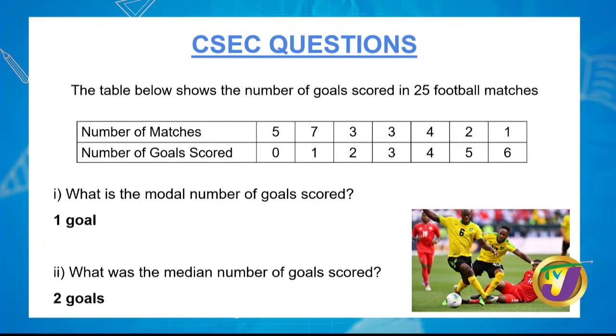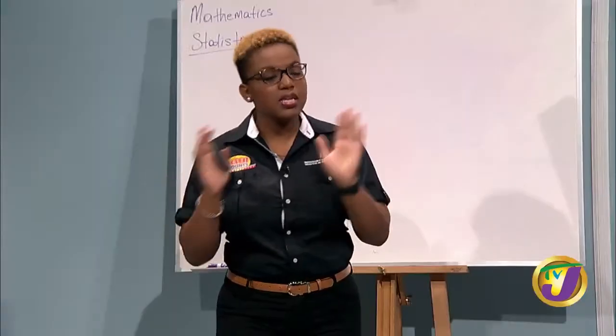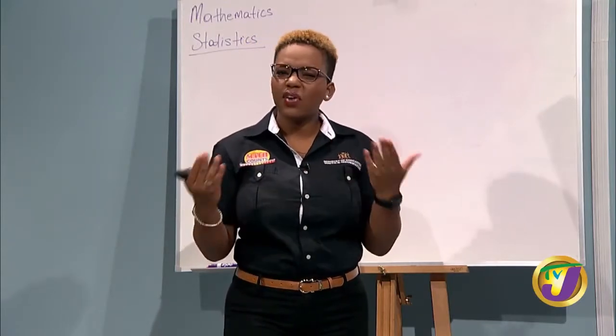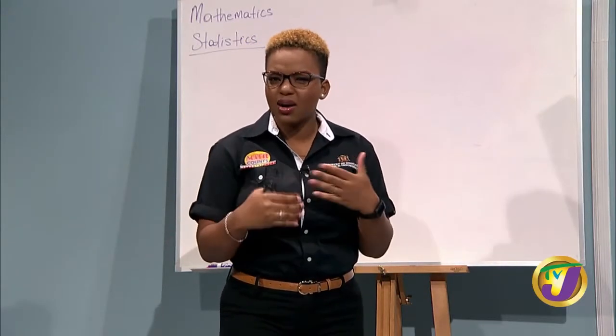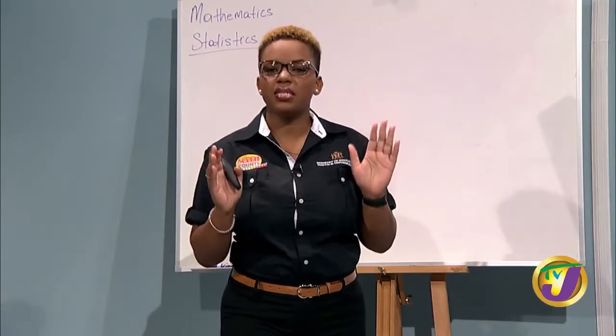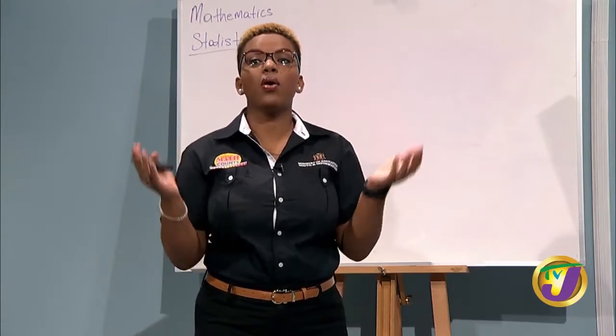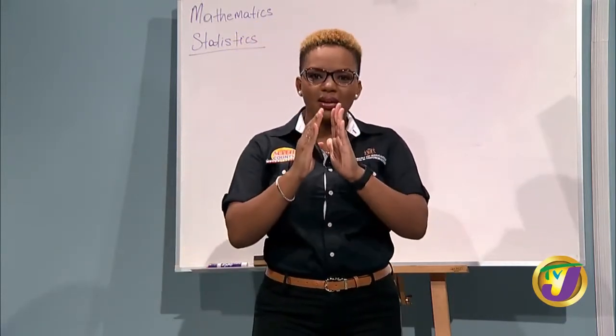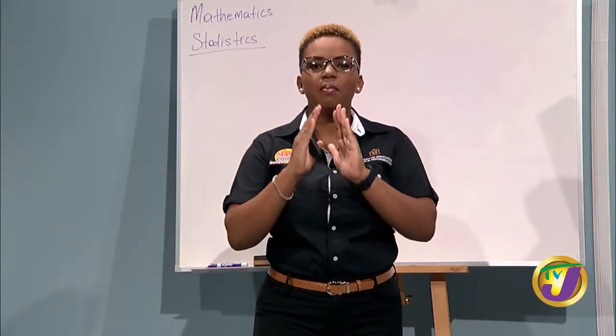So just to repeat if you're feeling a little bit confused. You can find the median by writing out the values in ascending or descending order, but that's if you have a small number of values. You don't want to take all the time writing out all the values. So if you already have a frequency table and your data is already organized, you're going to find the middle position for your median.